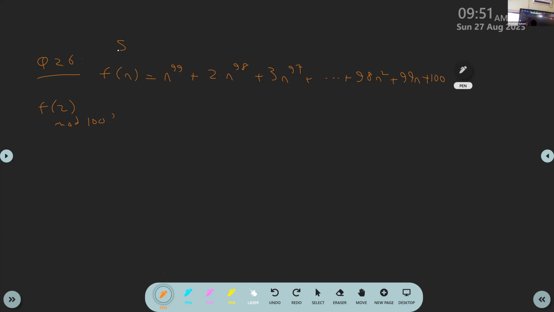then to slide it left or right, if I multiply by n, so n times S will be n raised to 100. I mean, either way, I subtract from this to this, right?